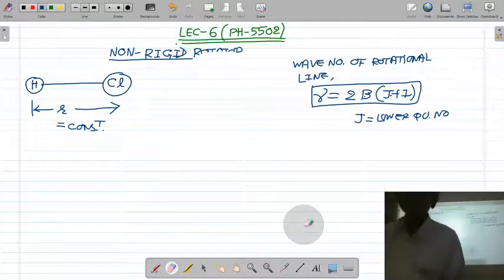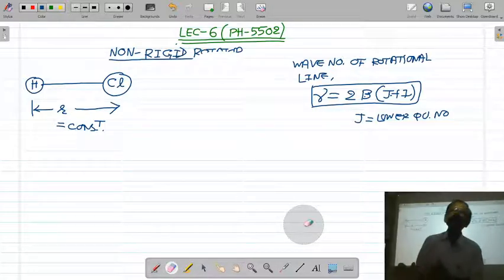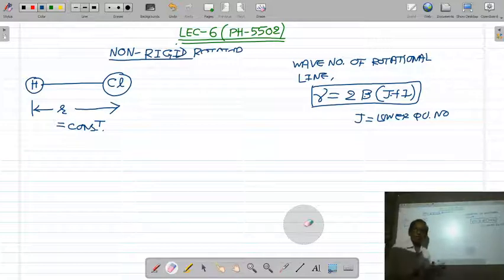If the molecule were a perfectly rigid rotator, then the separation between the rotational lines must be constant, that is 2B. But the separation decreases with increasing value of J. It shows that the molecule is not a perfectly rigid rotator. It behaves as a non-rigid rotator.